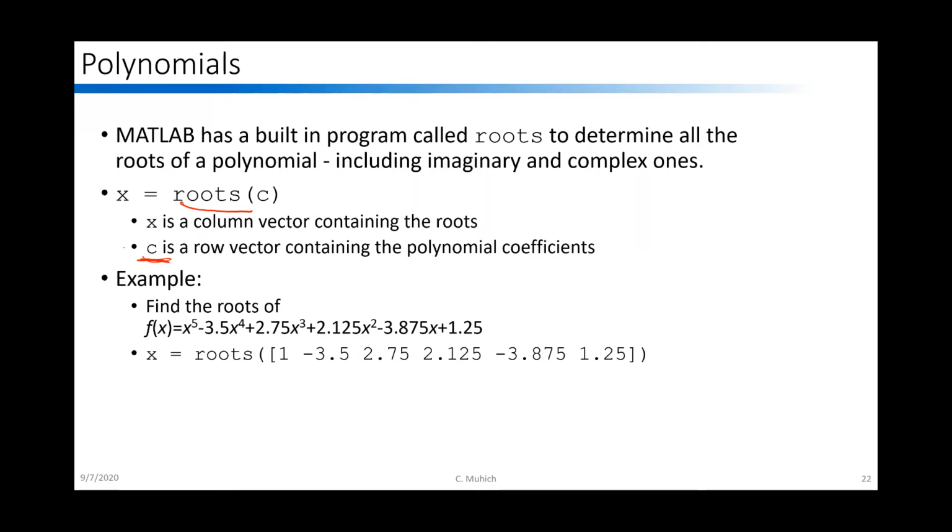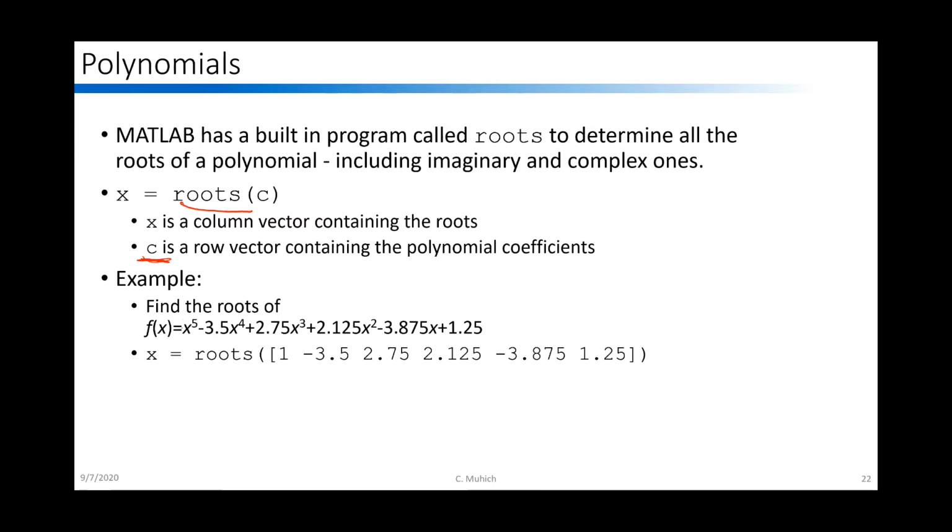We need to build C first that's going to contain the coefficients of our polynomial. So let's take this polynomial down here, for example. So let's say f of x equals x to the 5th minus 3.5x to the 4th plus 2.75x cubed plus 2.125x squared minus 3.875x plus 1.